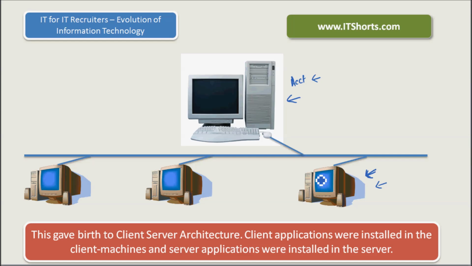So in your window you will have an accounting icon, and that would connect only to this server software, and the accounting function would be carried out using that. Like that, if there is an HR software, then again an HR client, so on each and every computer you need to install the clients. So this is basically client-server architecture, where the clients are here and the server is here.